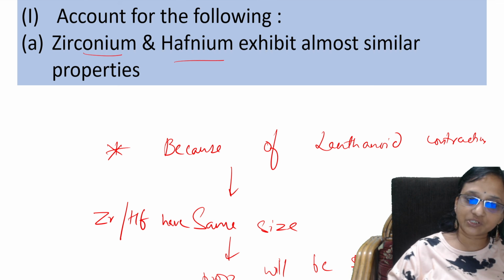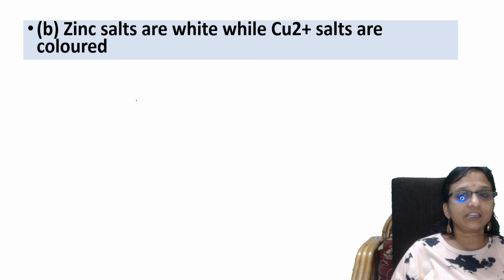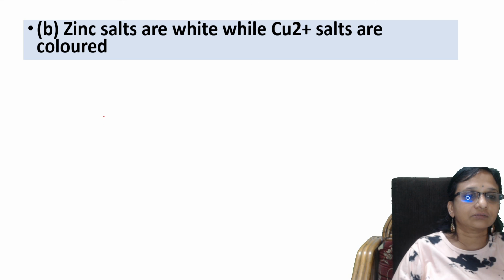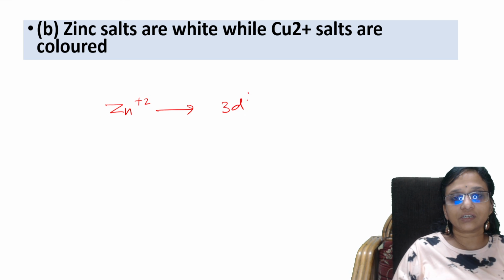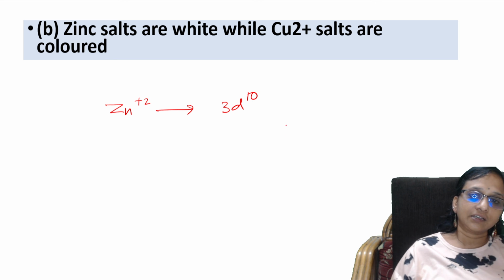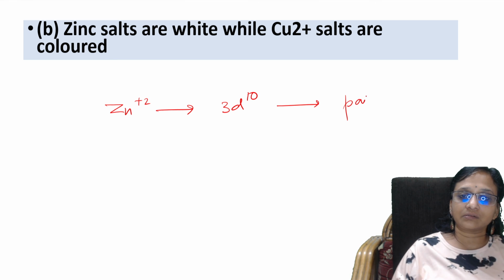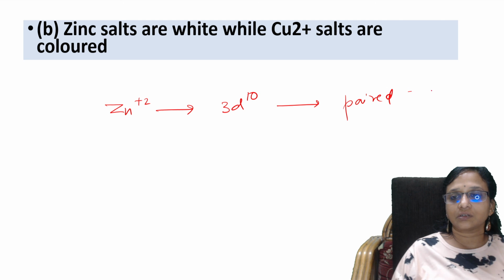Got it? Next question. Zinc salts are white while copper salts are colored. Simple, students. Zinc has d10 configuration because this is paired. No d-d transition.